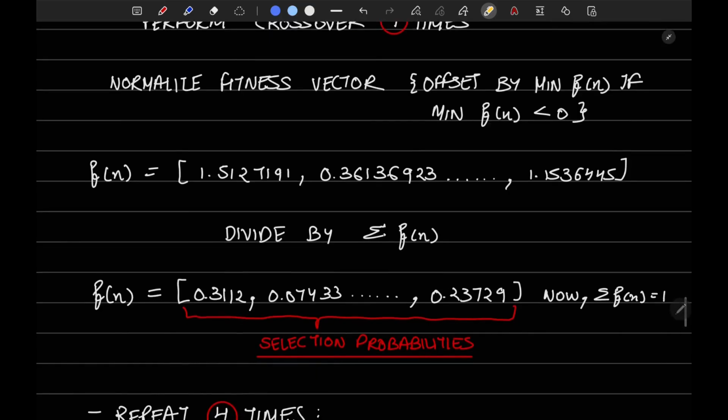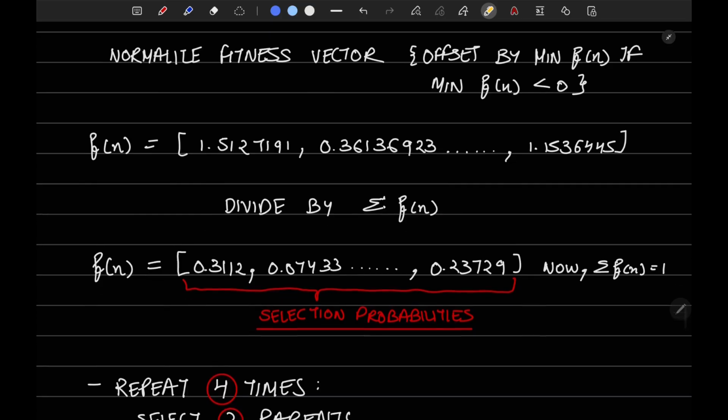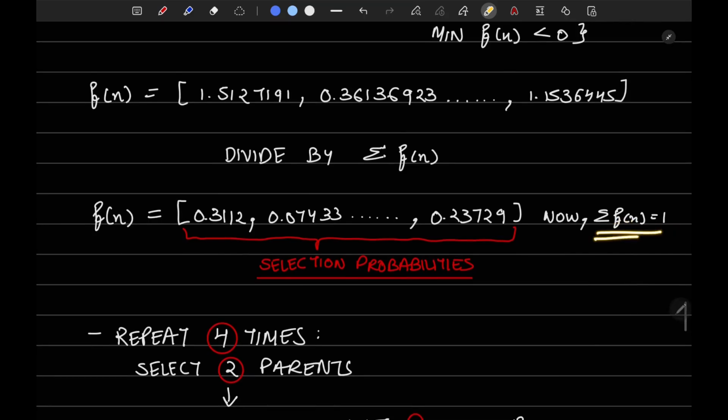If they're above 0, we don't need to perform this operation. After we've shifted them and every value is non-negative, we normalize by dividing each fitness by the total sum of fitness for that generation, so that all of these add up to 1. We'll be using this normalized vector as the selection probabilities.